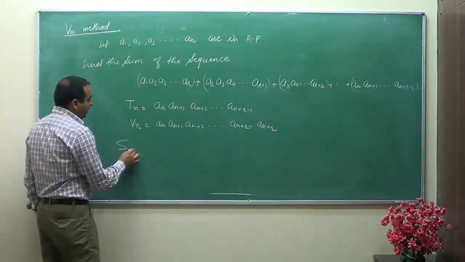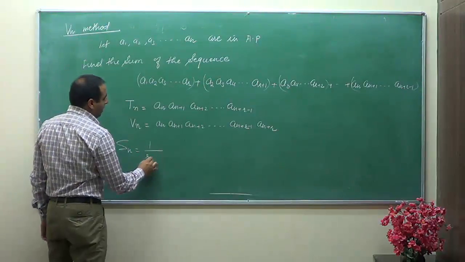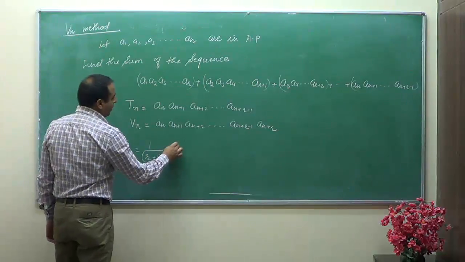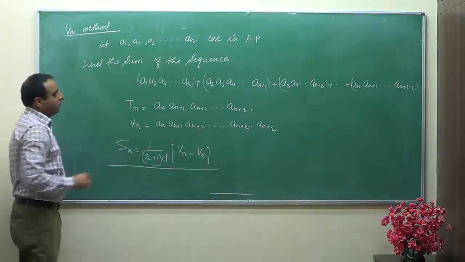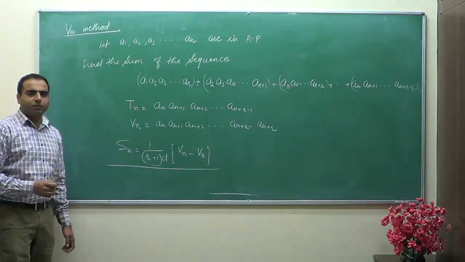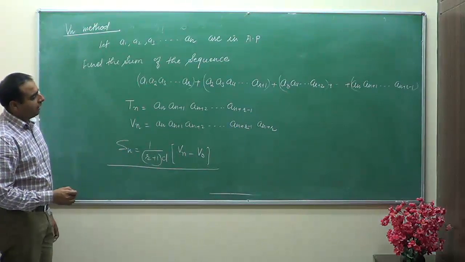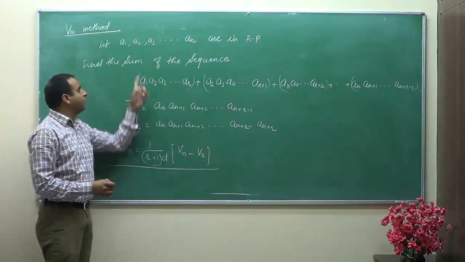So, what is Sn? Sn is equal to 1 upon R plus 1 into D, Vn minus V naught, where D is the common difference of this sequence.